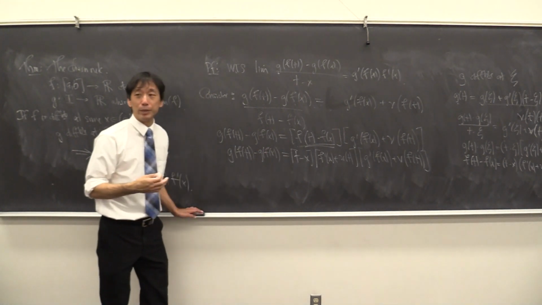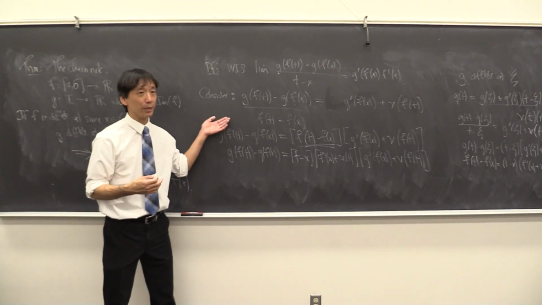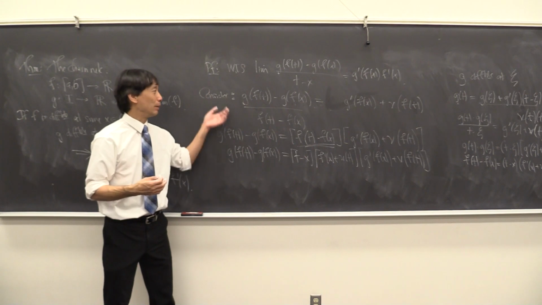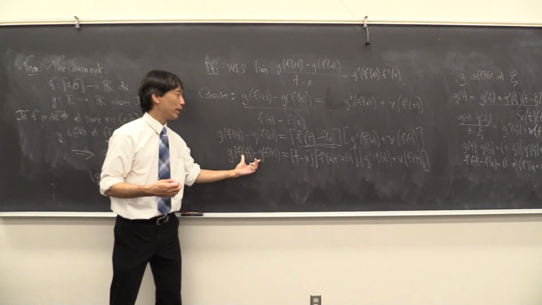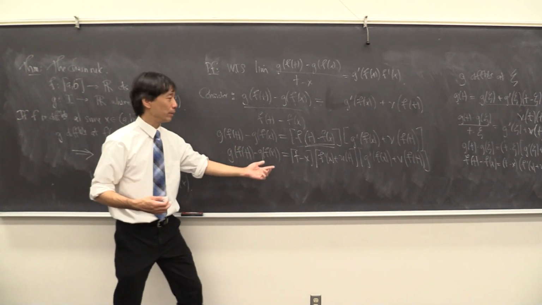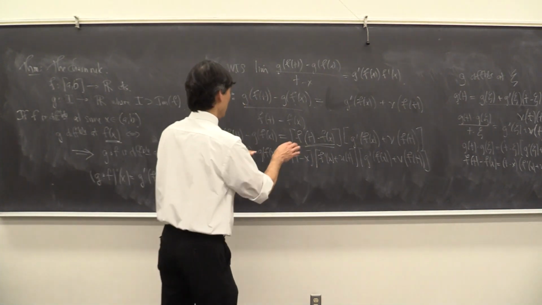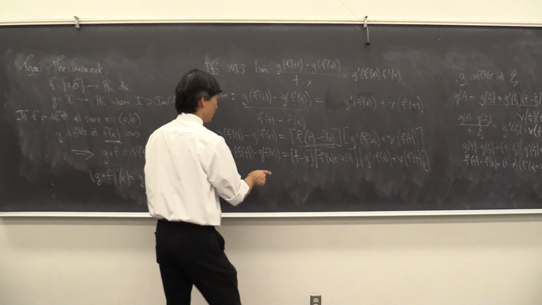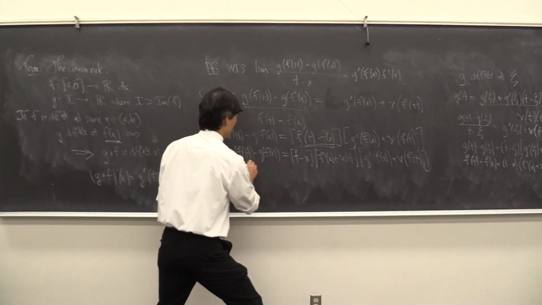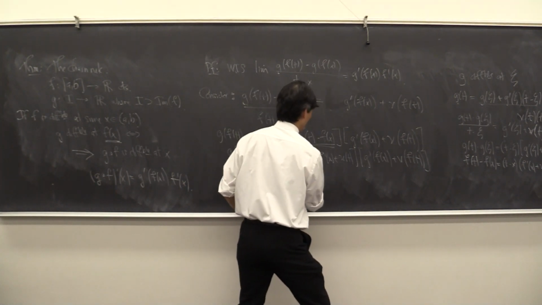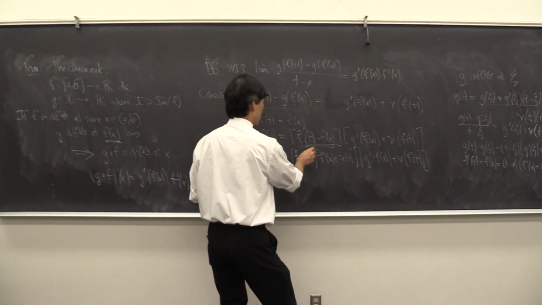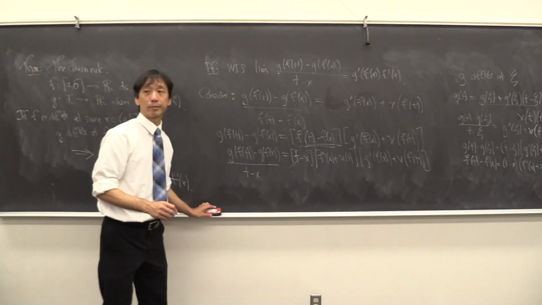Like I said, we're just using the fact that each of these is a line. We used the fact that g is basically a line, and now we're using the fact that f is basically a line. So we put in the line forms, and when I divide both sides by t minus x, this thing just vanishes.